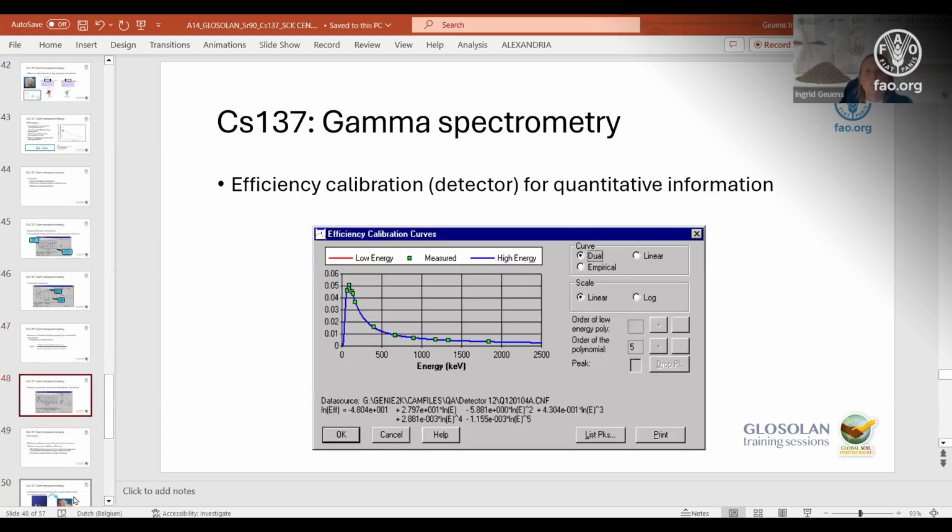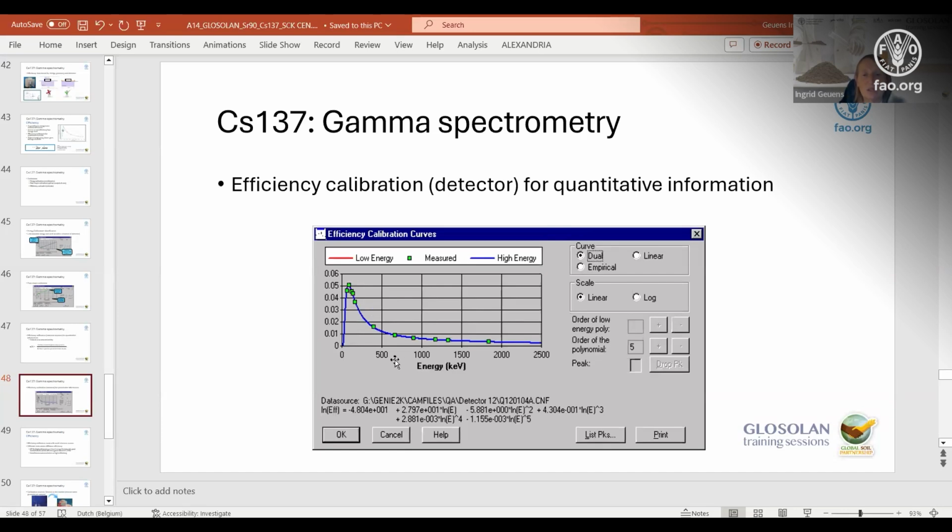So efficiency calibration is important for quantitative information. And you can see here the curve I also showed already. Lower energies give low efficiency. It goes up to 0.05%. And then it goes down again because gamma rays can go through all kinds of materials, also through the detector. So it's difficult to capture them. And that's why the efficiency is so low.